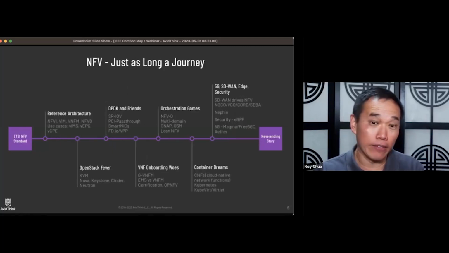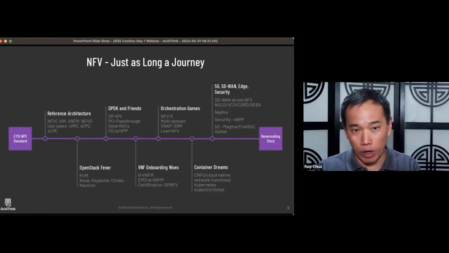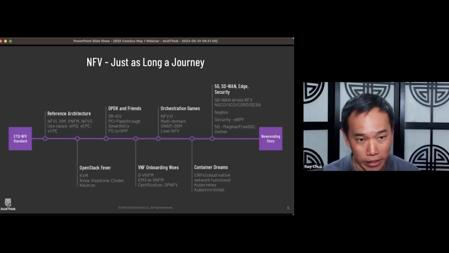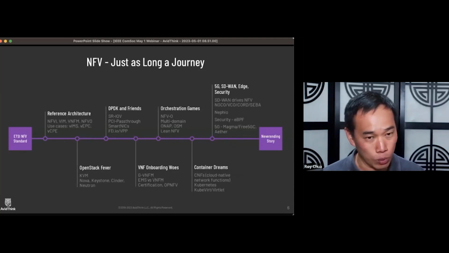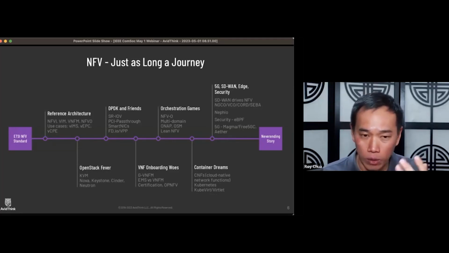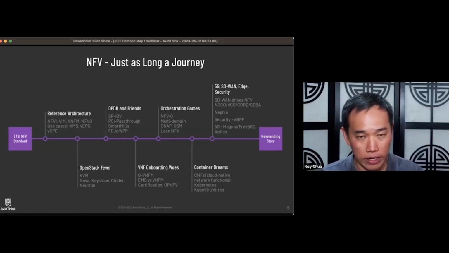The other side of it was the NFV journey, which went side by side. Those of you in the early days of SDN will recall SDN NFV was normally stated in the same breath, right? SDN NFV, like one word, except it wasn't. And we wanted to virtualize network operations, network applications, routing, firewalls, and so on. And so we built the foundations, the reference architectures for NFV.